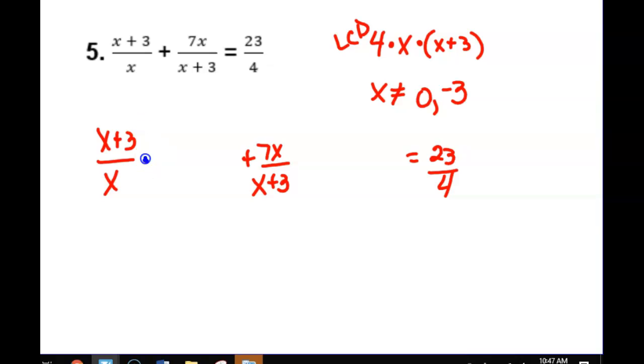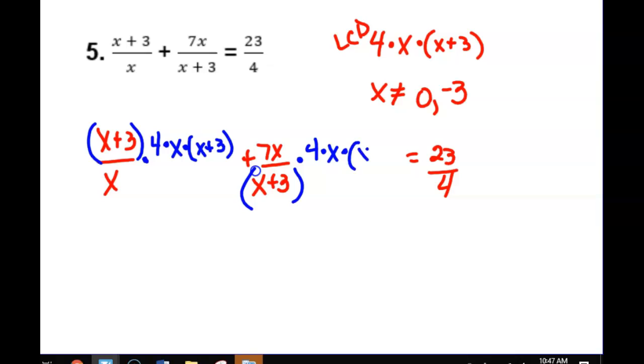Times a 4 and an x, and an x plus 3, times a 4 and an x plus 3, times a 4 and an x plus 3.